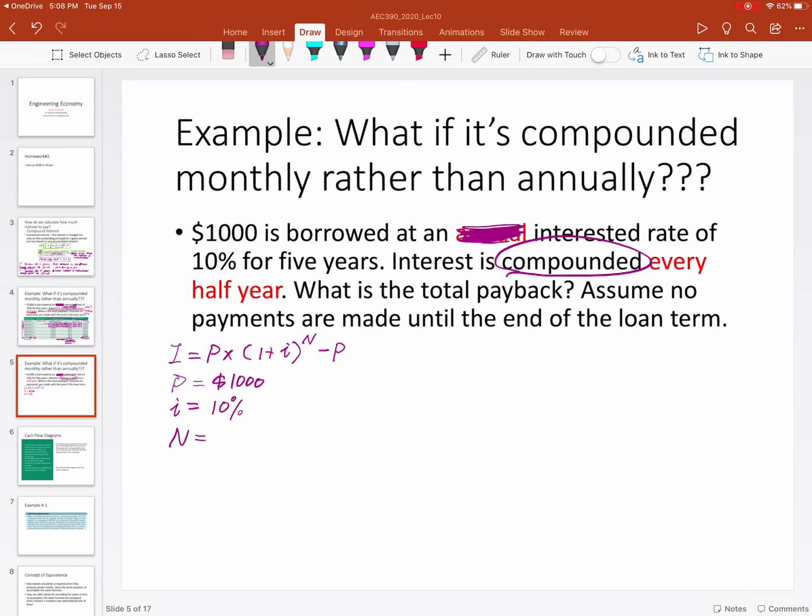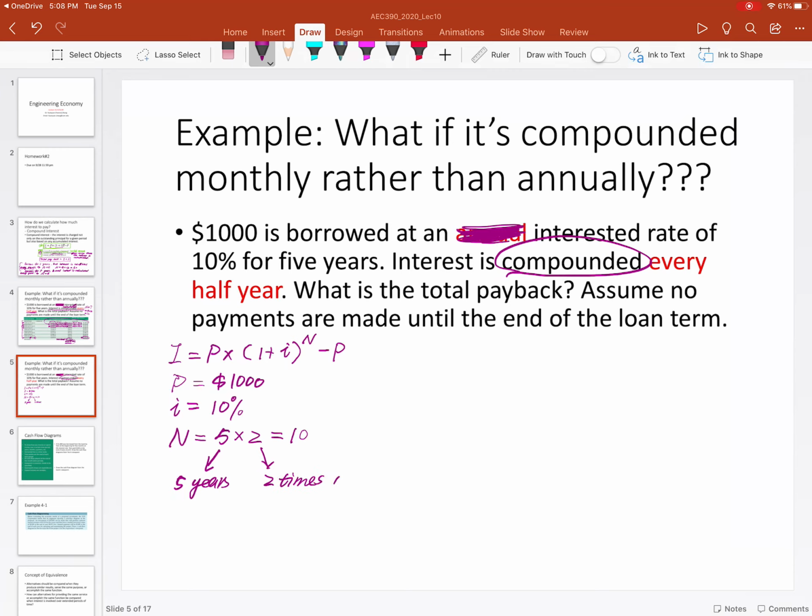And what is n? n is not 5, n is 5 times 2, which is 10. What is 5? 5 years. What is 2?